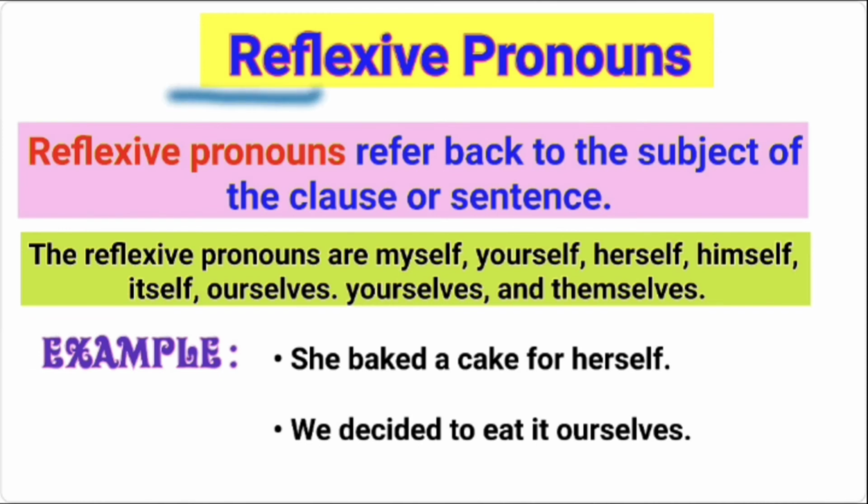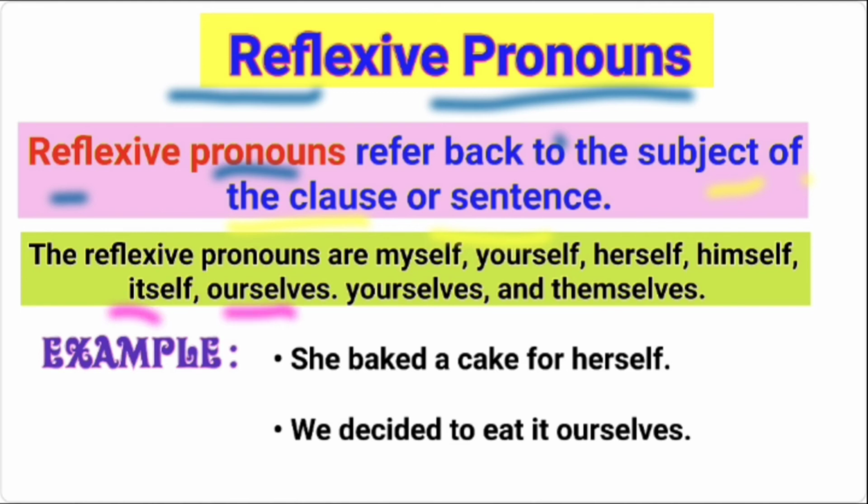Our next pronoun is reflexive pronouns. The definition of reflexive pronoun: reflexive pronouns refer back to the subject of the clause or sentence. Itself, ourselves, yourselves, themselves, myself, yourself, herself, himself.